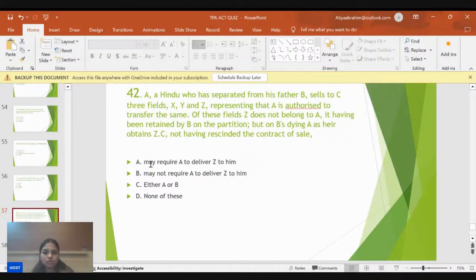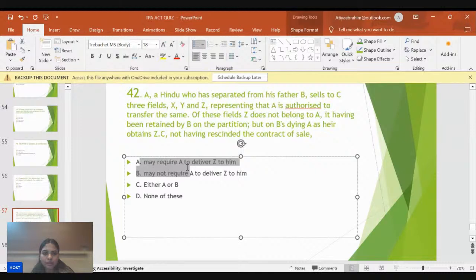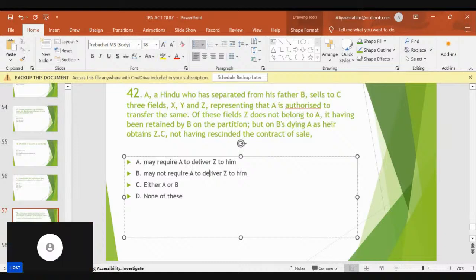So, can C require A to deliver Z to him, or may not require A to deliver Z to him, either A or B or none of these? So, X, Y, Z are the properties, okay? So, you tell me what is the correct answer to this. Just see the illustration and tell me.